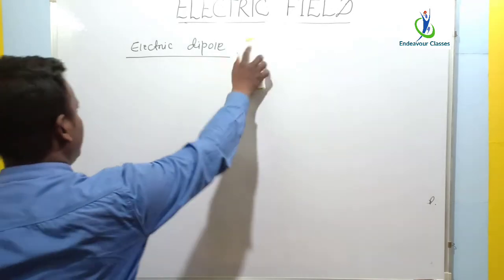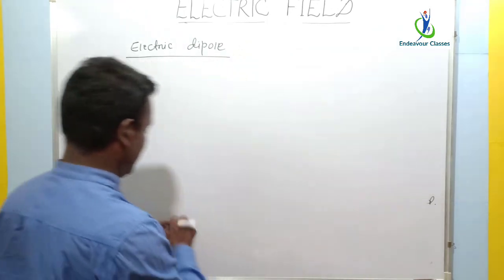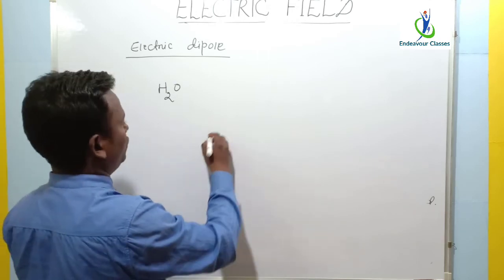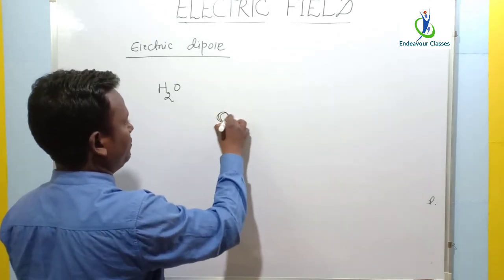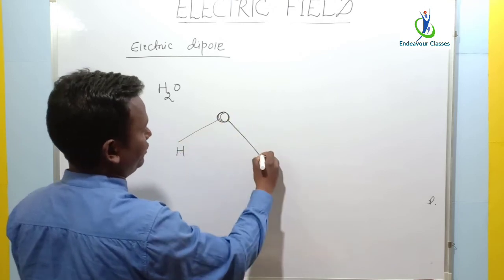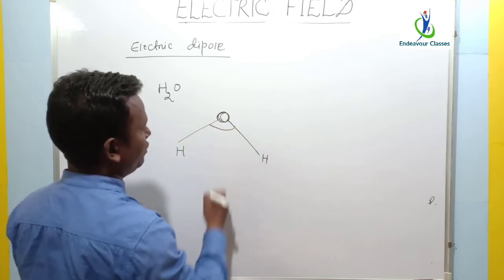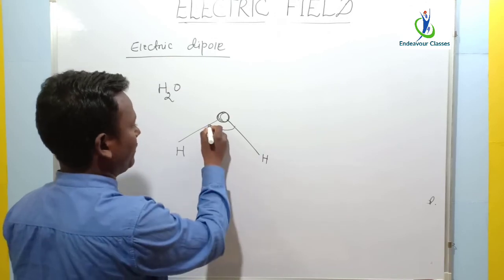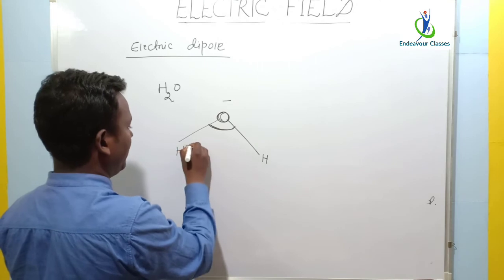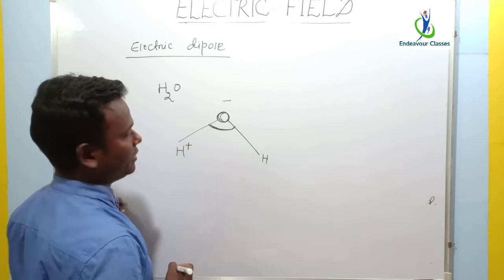In nature, we generally see dipoles like water, where we have oxygen, the more electronegative element, and two hydrogen atoms, bent in the form of a V or bent shape, where oxygen is more electronegative and hydrogen is more electropositive.